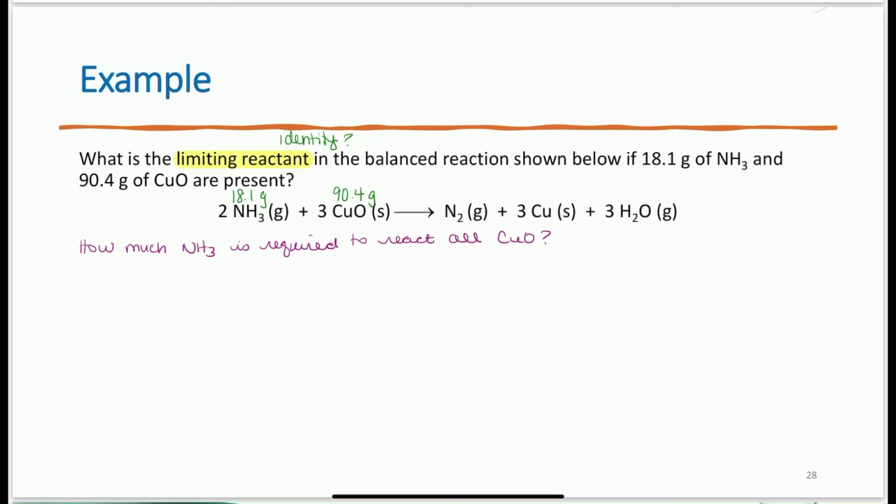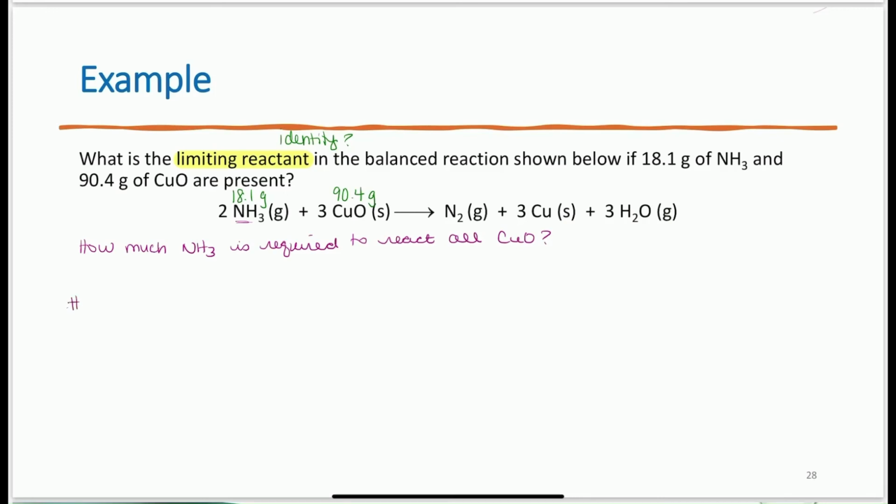Now again, you could say it as how much copper 2 oxide is required to react all the ammonia. I don't care which way you do that. I just do it this way because ammonia is listed first. That's the only reason. And my brain reads very linearly, but it doesn't matter.